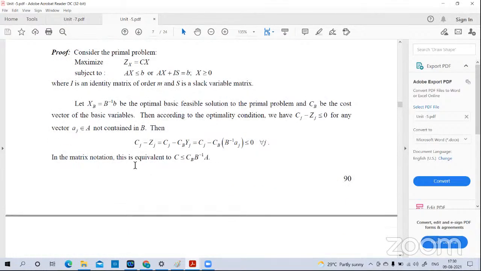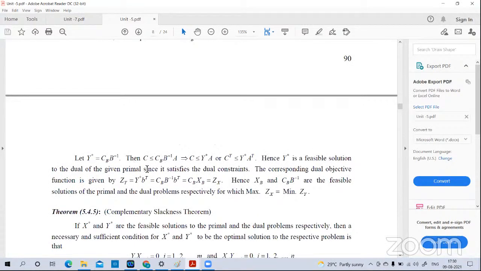Similarly, Y star equal to CB B inverse, if I take then C is less than or equal to CB into B inverse A. That implies Y star A is greater than or equal to C transpose, or C transpose is less than or equal to Y star A transpose. Hence Y star is a feasible solution to the dual of the given primal, since it satisfies the dual constraints.